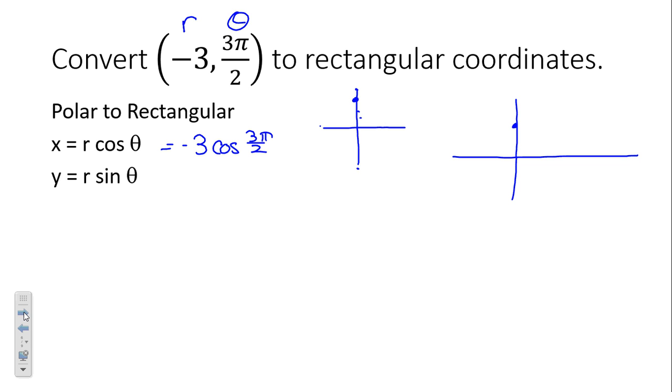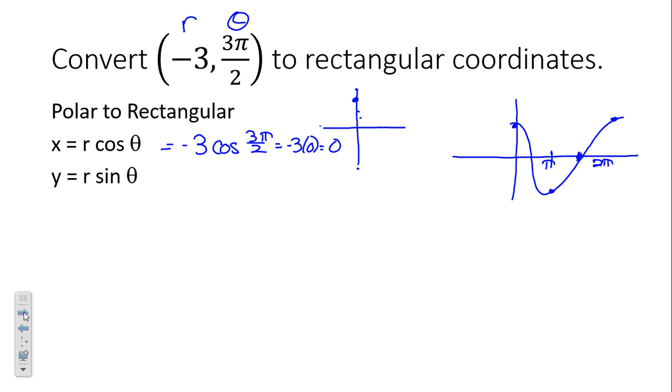Cosine started high, ended high, and was low in the middle, right? And so we went down and then up. This was pi and 2 pi. So what is the cosine of 3 pi over 2? 0, isn't it? So we're taking -3 times 0 and getting 0.